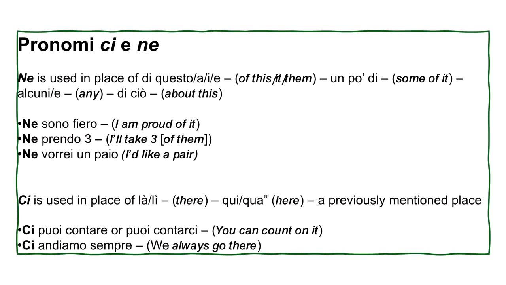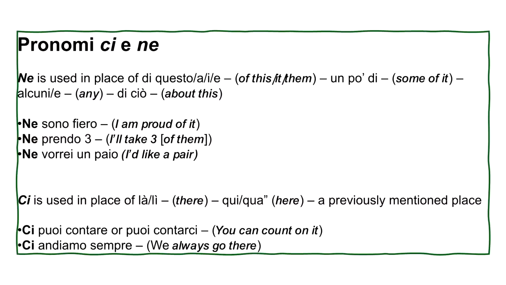The next is ci, which is used in place of là or lì. Là meaning there, in that place, or qui or qua, which is here. Là and lì is there. Qui, qua is here. Or a previously mentioned place.